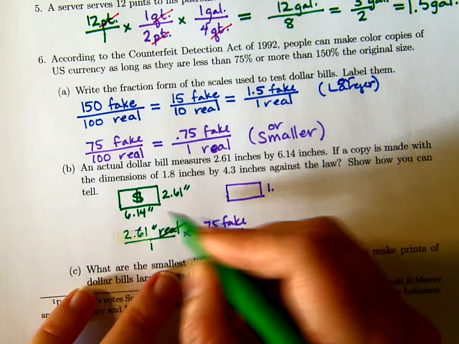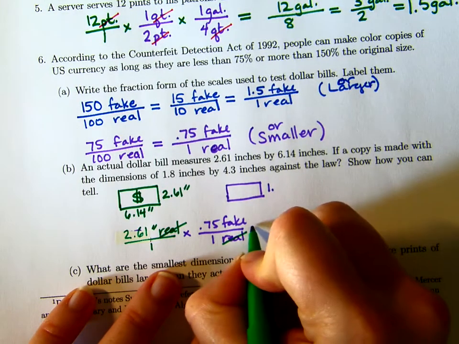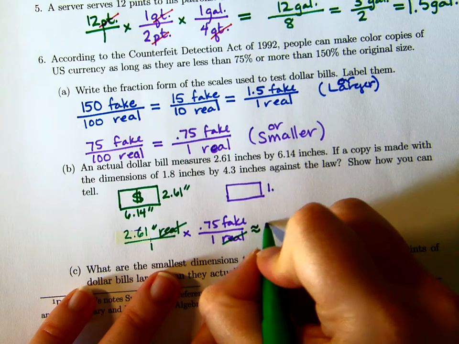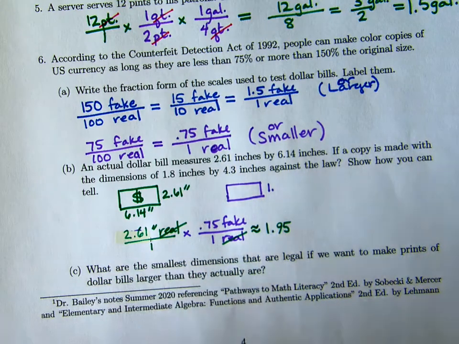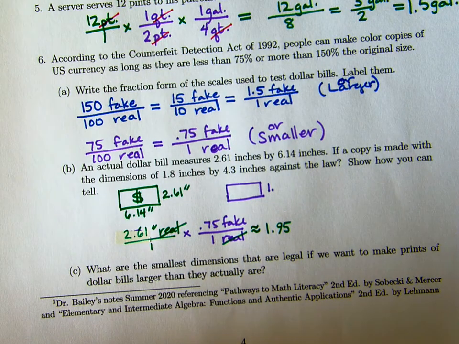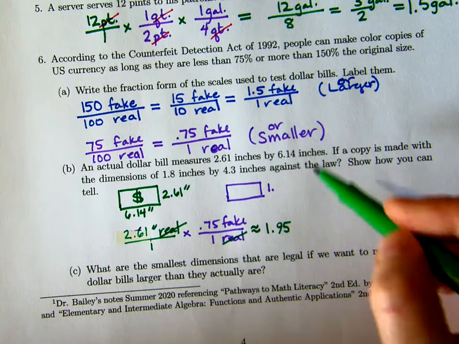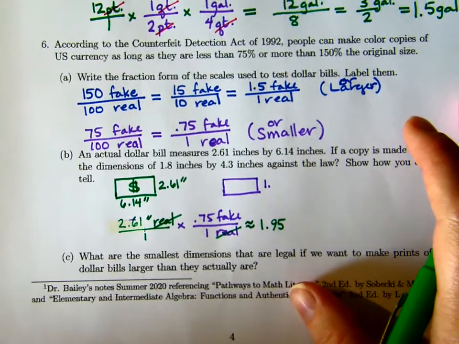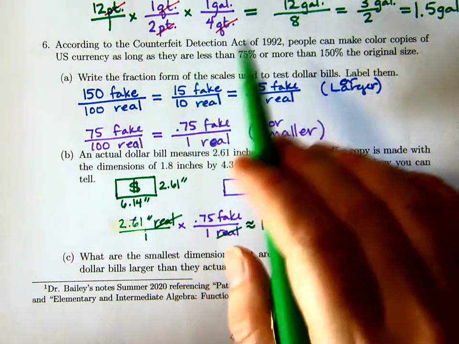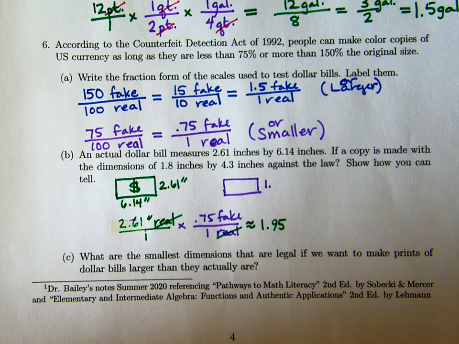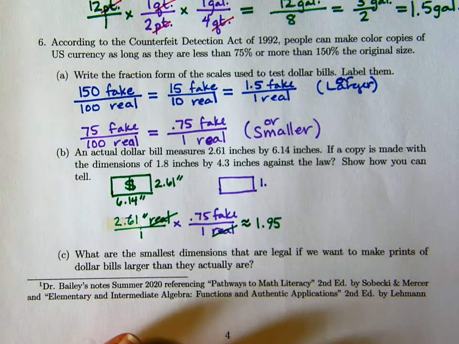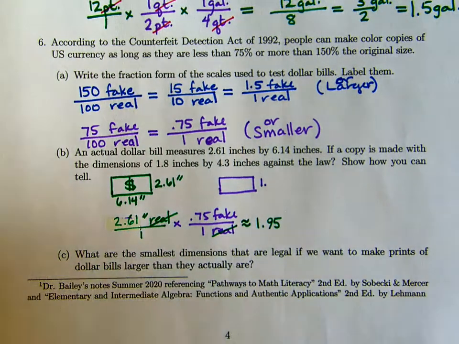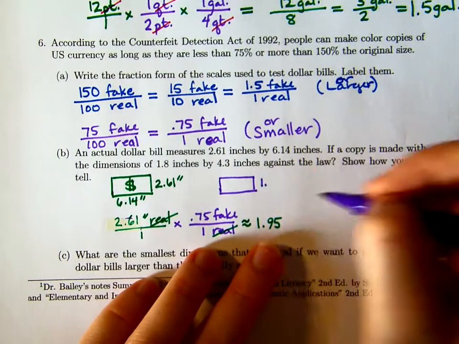So 75% of that was about 1.95. Okay, it really was 1.9575, which would normally round to 1.96, but if we did that, we would definitely get snagged, that would alarm the bells in the counterfeit line. I don't know, what is that? Secret Service, I think, does counterfeits, checks for counterfeits.